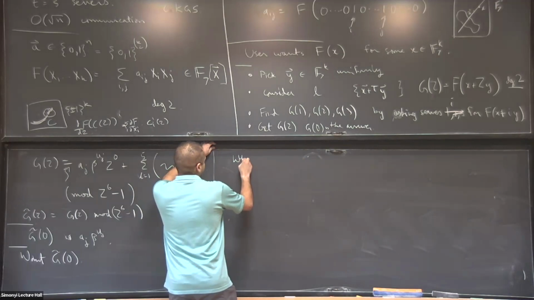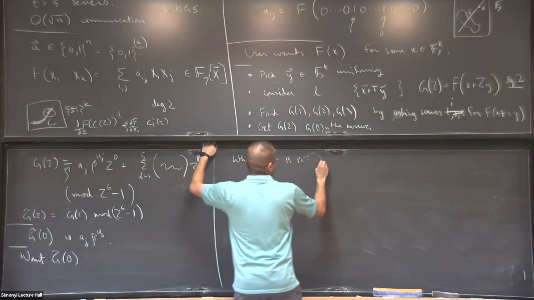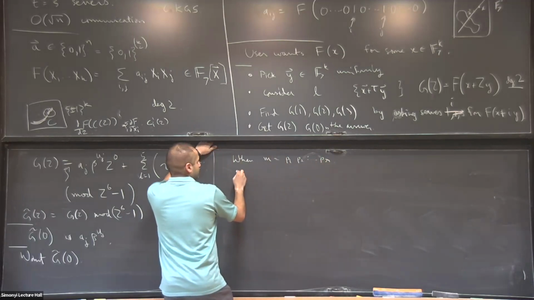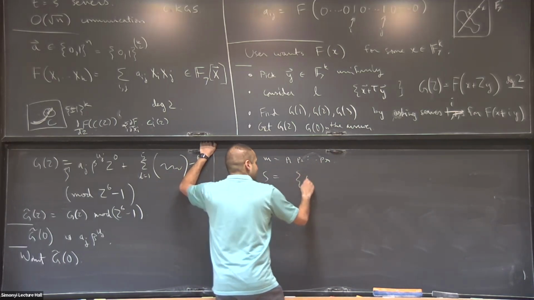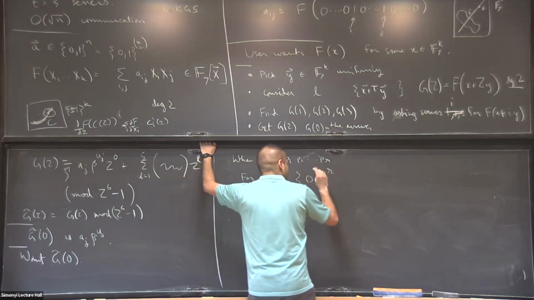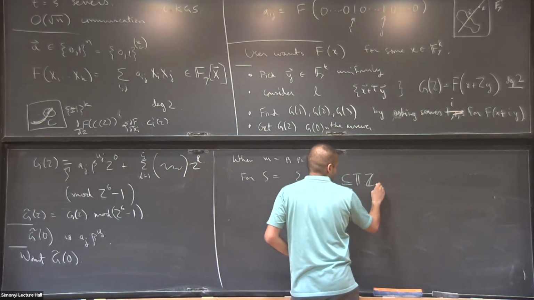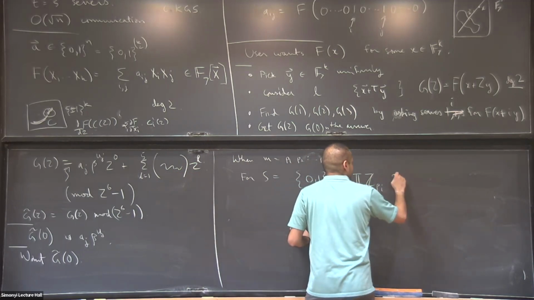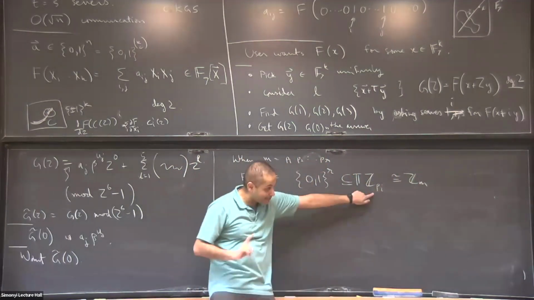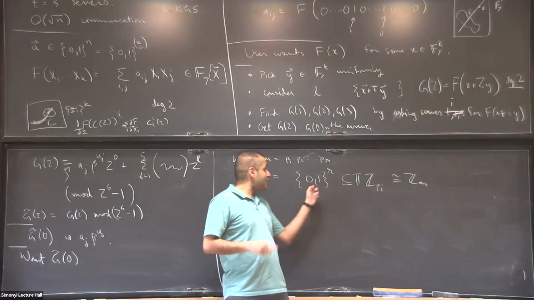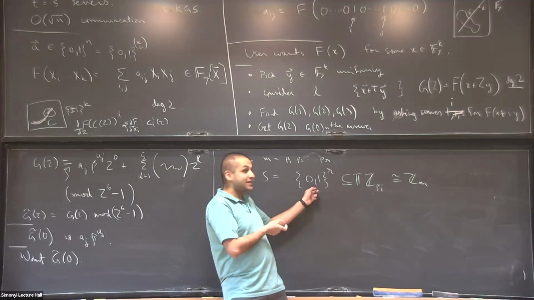When M equals P1 times P2 up to PR, for S equal to the set {0, 1}^R viewed as a subset of the product of Z_Pi, which is the same as Z_M. Okay, a lot happened here. This is the Chinese remainder theorem that says Z_M is the same as the product of Z_Pi. Within each Z_Pi, look at the set {0, 1} and look at the R-wise product of all those different {0, 1}s. That's {0, 1}^R.